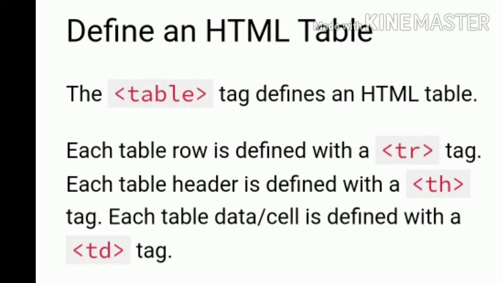With the background attribute, you can set a background image for the whole table or just for one cell. You can also set border color using the bordercolor attribute. The bgcolor, background and bordercolor attributes are deprecated in HTML5. Do not use these attributes.